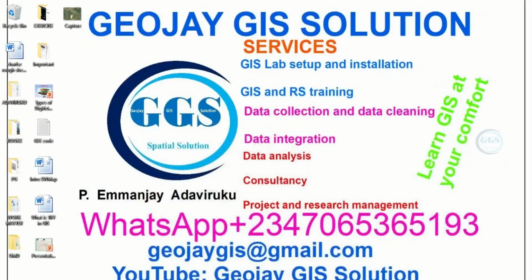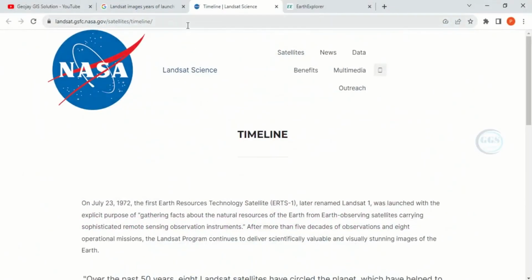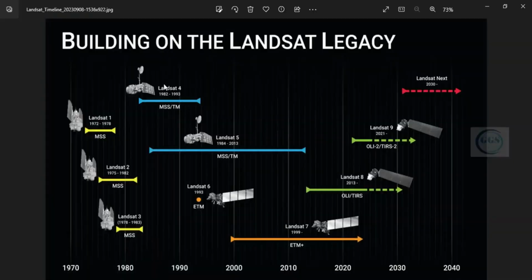If you go online to the NASA website, the timeline is made clear there, when it started and which one is available at a particular year. So if we go to the summary of the timeline of Landsat, Landsat started in the early 70s.